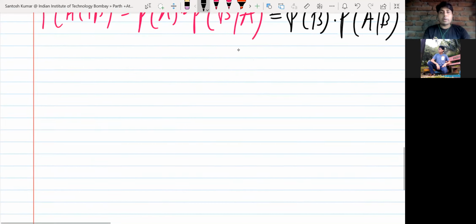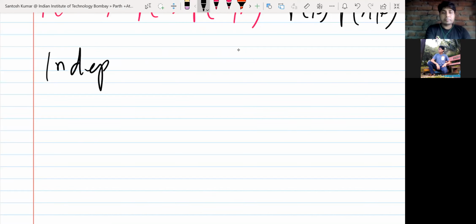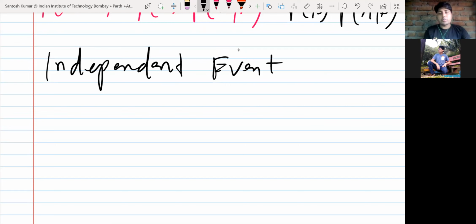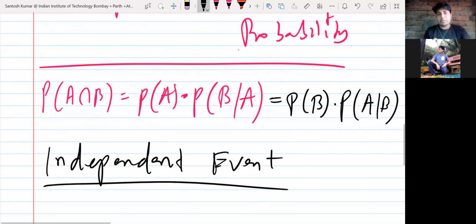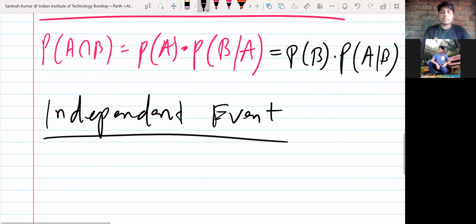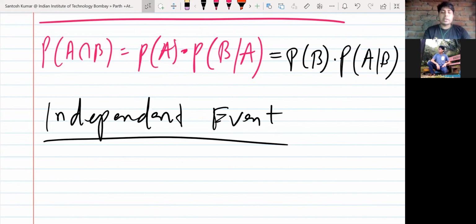Okay, so I will again come to independent events. I have given you the definition of that. So anyone remembers what was the definition of independent events? A and B can be said to be independent. What was the condition or definition?